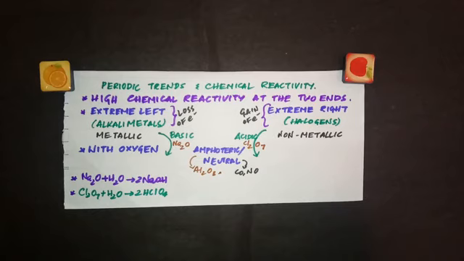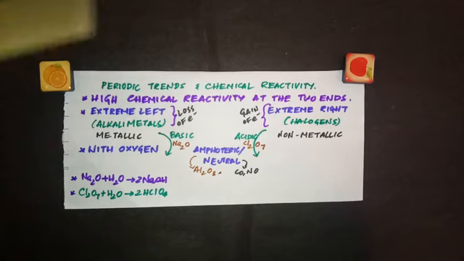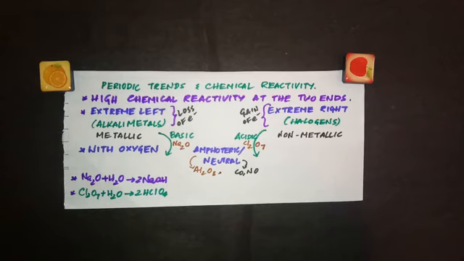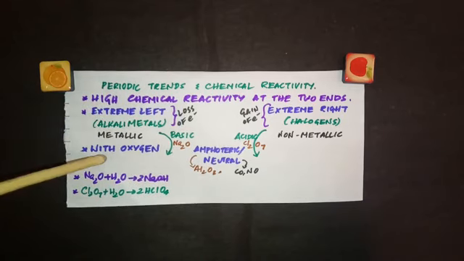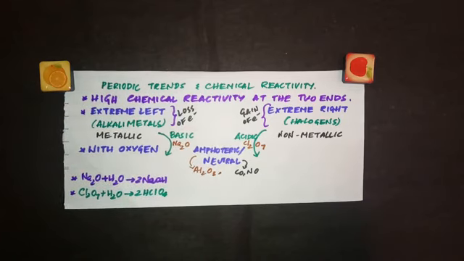So they are less electropositive than group 1 and 2 metals. Remember, in this extreme left, we call them more electropositive because they have the tendency to lose electrons, and on the extreme right, they are more electronegative because of their tendency to accept electrons. So transition and inner transition elements are less electropositive than group 1 and group 2 metals.